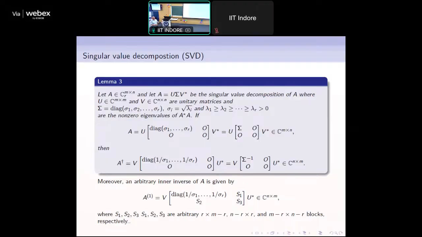And there are similar representations for other kinds of G inverses. What is the drawback of this approach? The drawback is the diagonal matrix with 1 by sigma 1, up to 1 by sigma r. If singular values are too small, then we will have division by 0, almost division by 0.